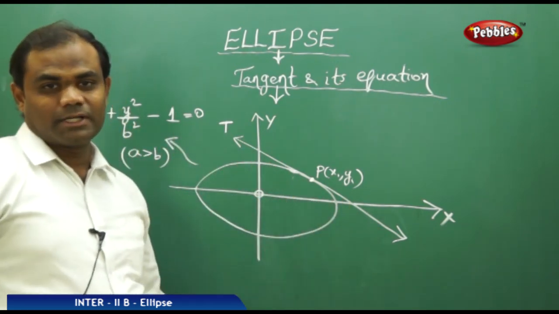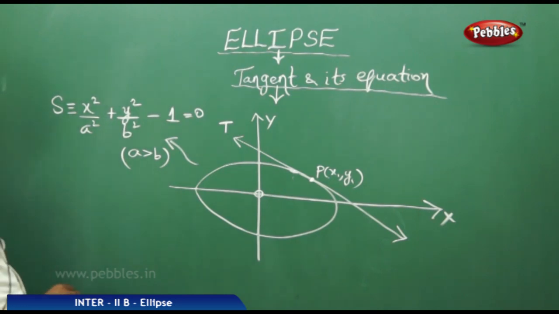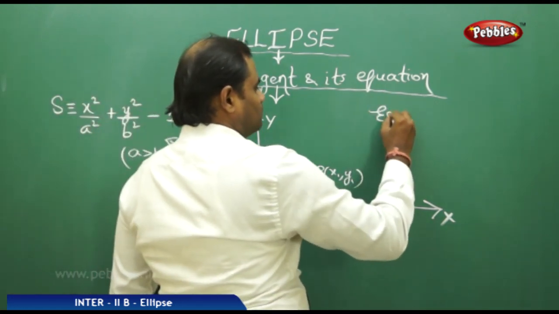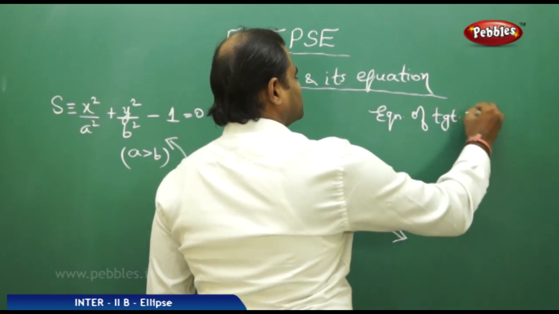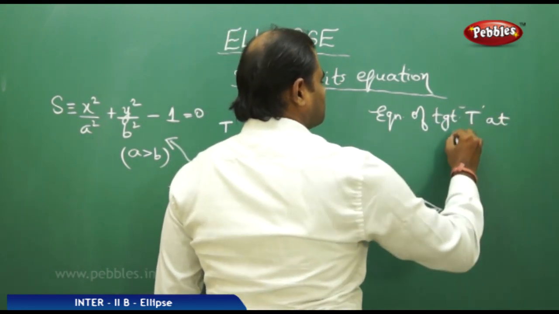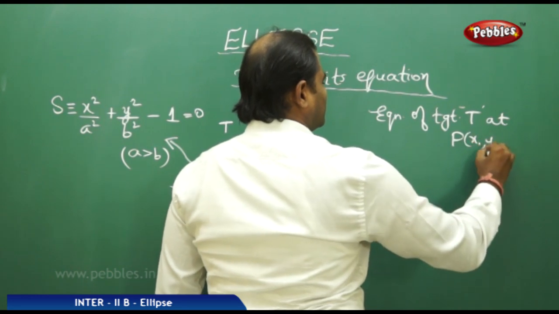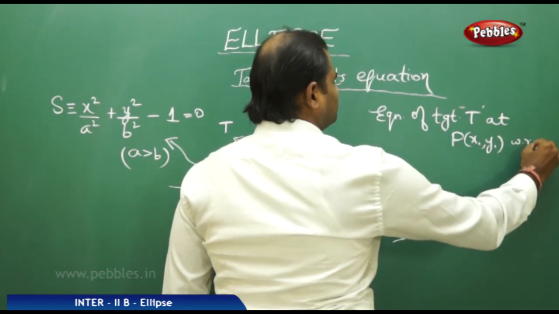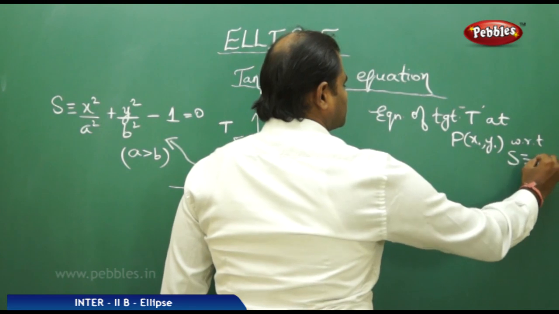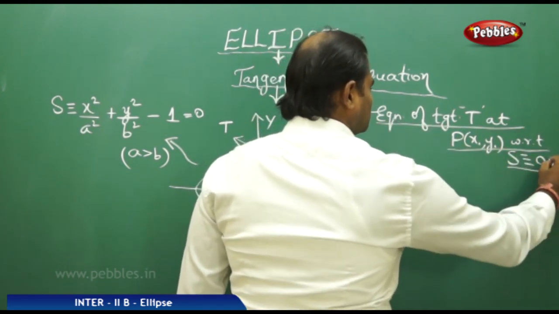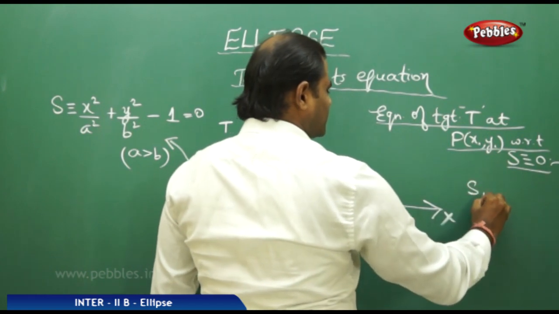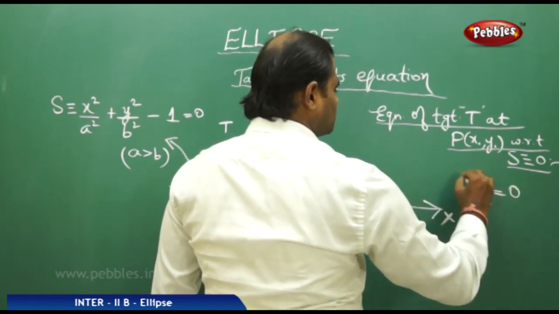With respect to the ellipse S equal to 0, the equation of tangent T at P(x1, y1) is given by S1 equal to 0.